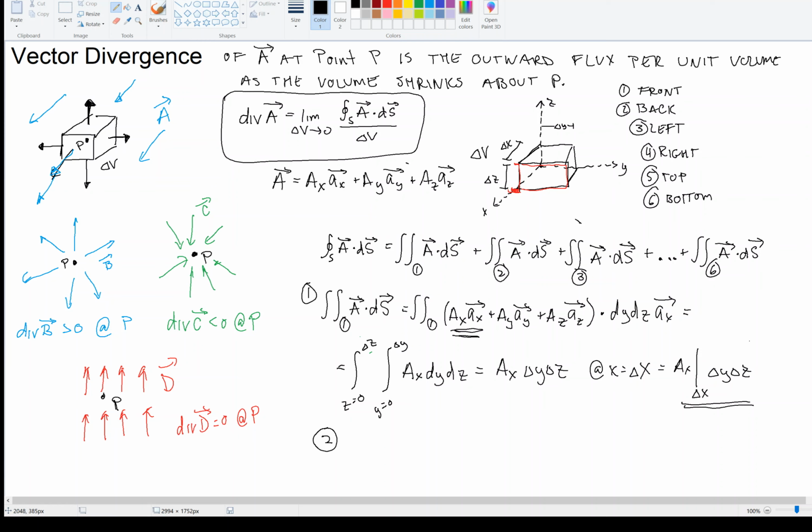So this calculation is nearly identical, except the differential surface vector points in the negative AX direction, and AX is evaluated at x equals 0 instead. So what we would get would be negative, again because the surface vector points into the page, out of the volume, and then we would evaluate at x equals 0 times delta y delta z. Okay, that's what we would get for surface 2.